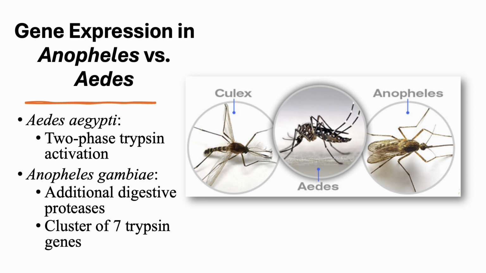The ANTRYP4 from gambiae is stored in an inactive form, and it gets activated with any food intake. So this could be food intake other than blood. I thought that was pretty interesting. And 2 of their chymotrypsin genes are induced by blood feeding, with the chymotrypsin-like genes practically downregulated.